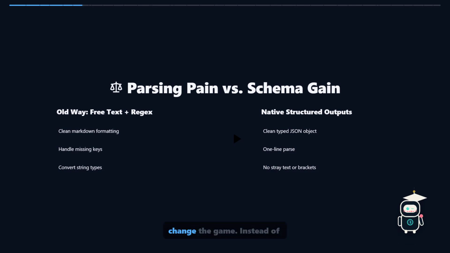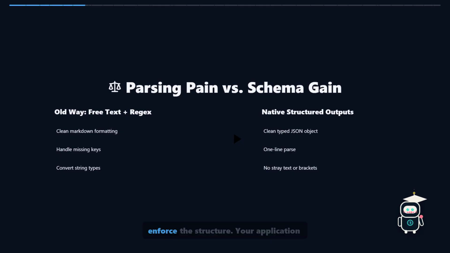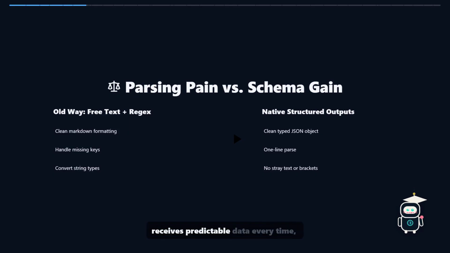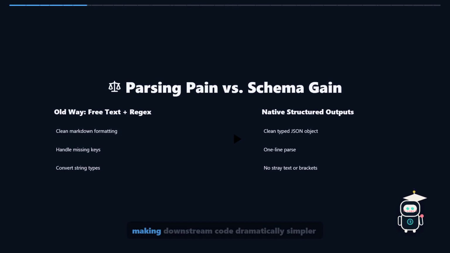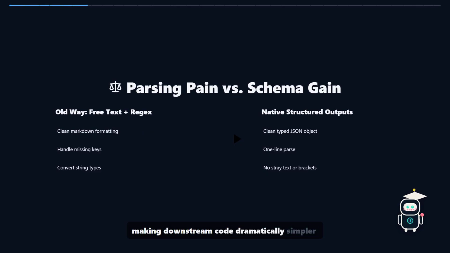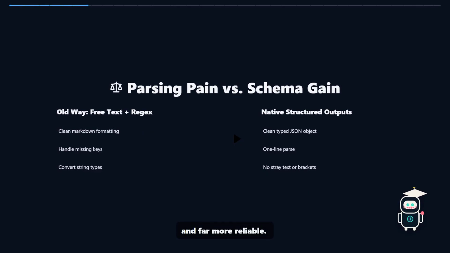Structured outputs change the game. Instead of hoping the model follows instructions, you define the schema up front and let the API enforce the structure. Your application receives predictable data every time, making downstream code dramatically simpler and far more reliable.